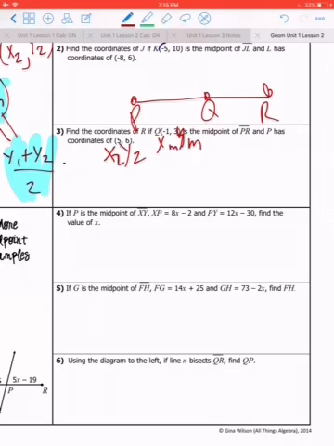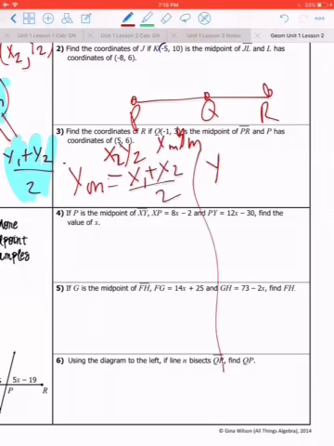So XM is equal to X1 plus X2 over 2, and then YM is Y1 plus Y2 over 2. Okay, so let's plug in one at a time.